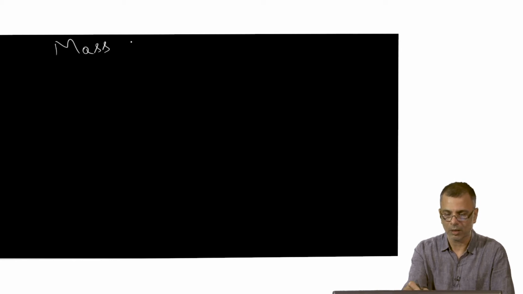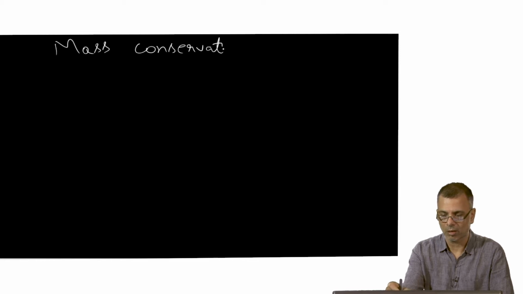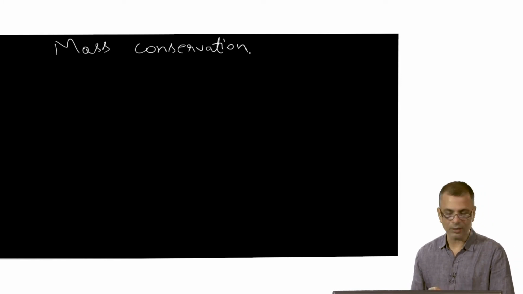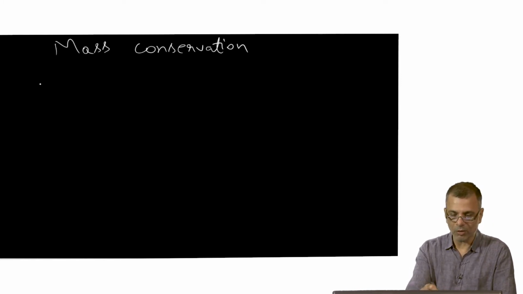So consider the mass conservation. What we really are saying is that rho u is constant. But what do we really mean?